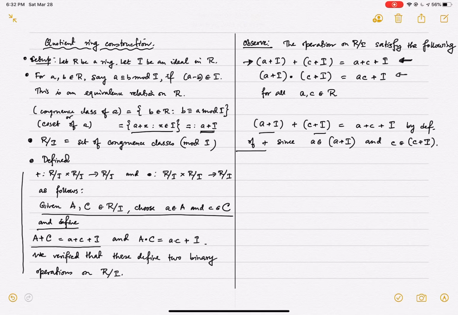And now I think I can state the theorem. That gives you this quotient ring with the binary operations defined above. R mod I becomes a ring.